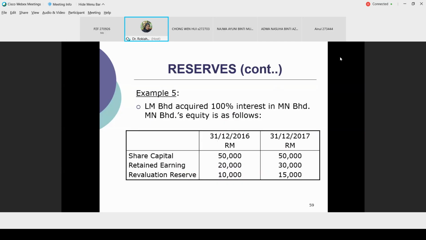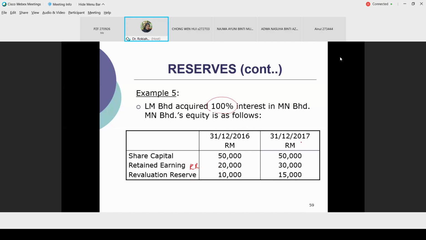Okay, we try to look at this example. Now LM has 100% interest. This is the amount that you have at the acquisition date: share capital 50, retained earnings 20, which is part of the reserve and is a revenue reserve, and revaluation reserve 10.